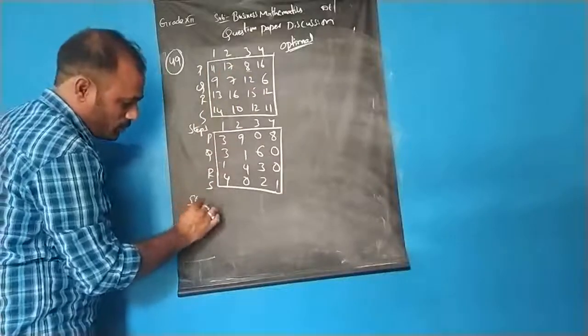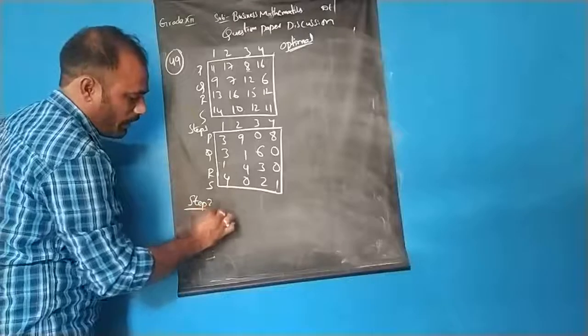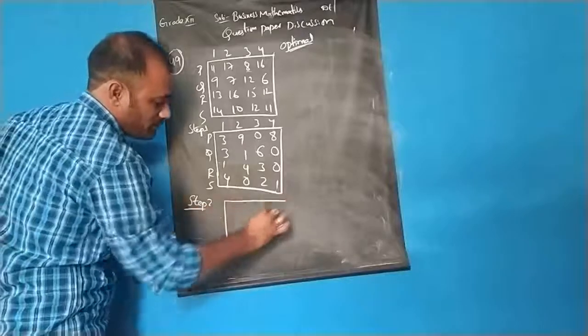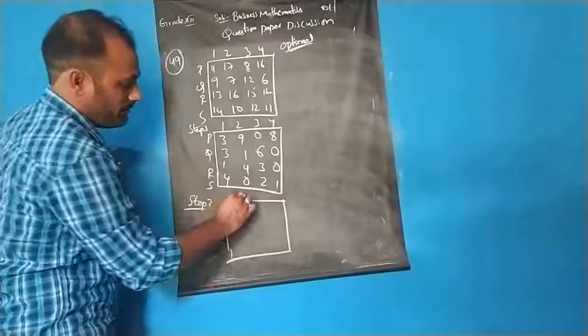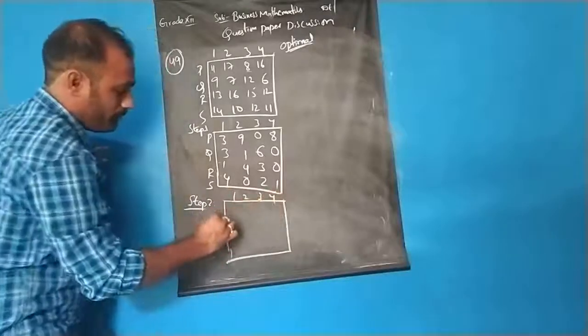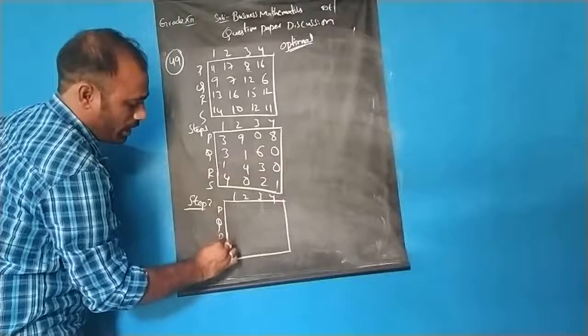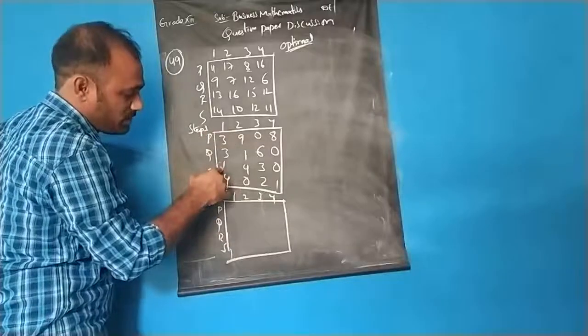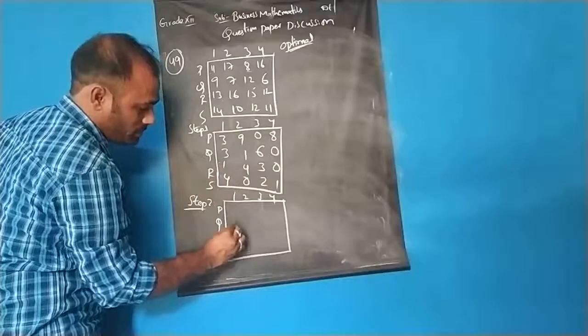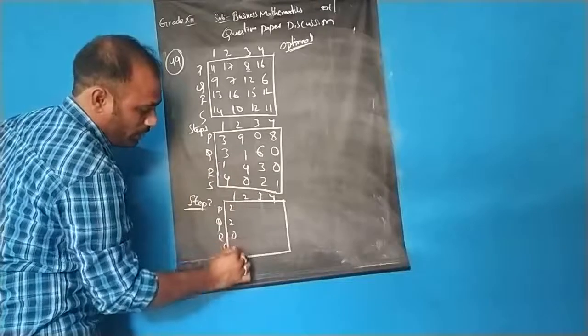Next, coming to step 2, we will now do the column operation. In the columns, we will see which one is the smallest number and we will do subtraction, just as we have done for the row operations. So here it is 1, 2, 3, 4 and P, Q, R, S. In this column the smallest number is 1, so 1 minus 1 is 0, 3 minus 1 is 2, 2, and 4 minus 1 is 3.